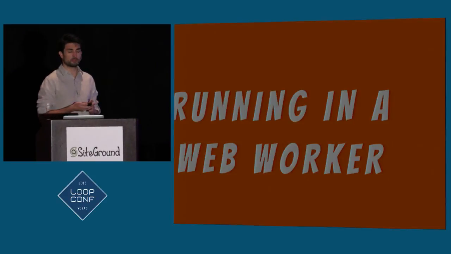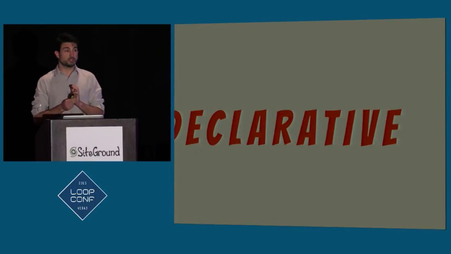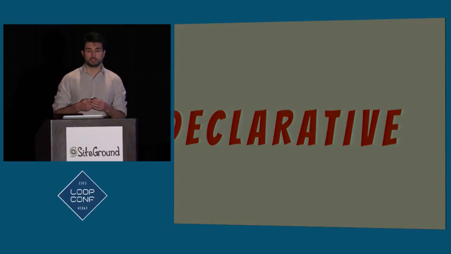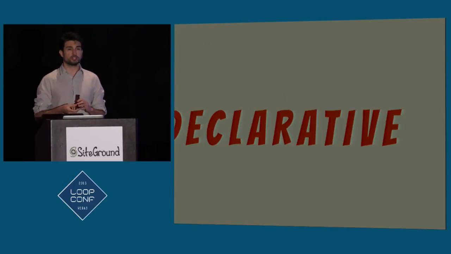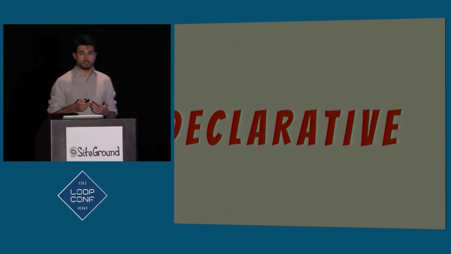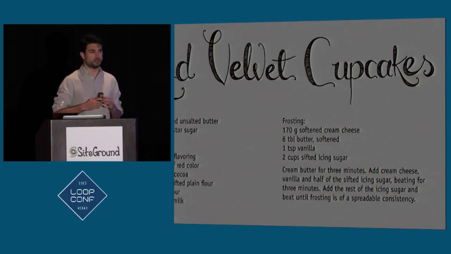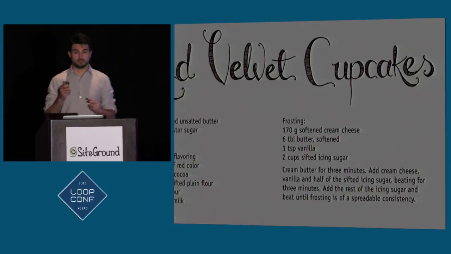You saw the virtual DOM is cool, but I have one last, and probably the coolest, at least for me, property of React components. And it's that they're declarative. They're not procedural. Let me explain what I mean. Imagine that you want to make red velvet cupcakes. And then imagine that instead of following a recipe, you just do two things.